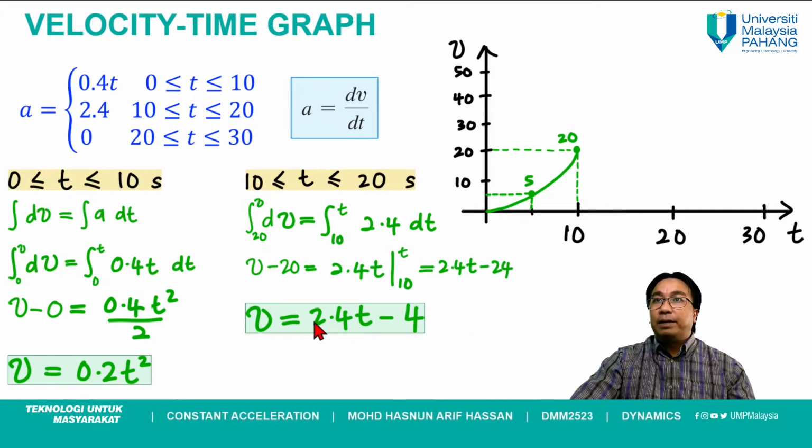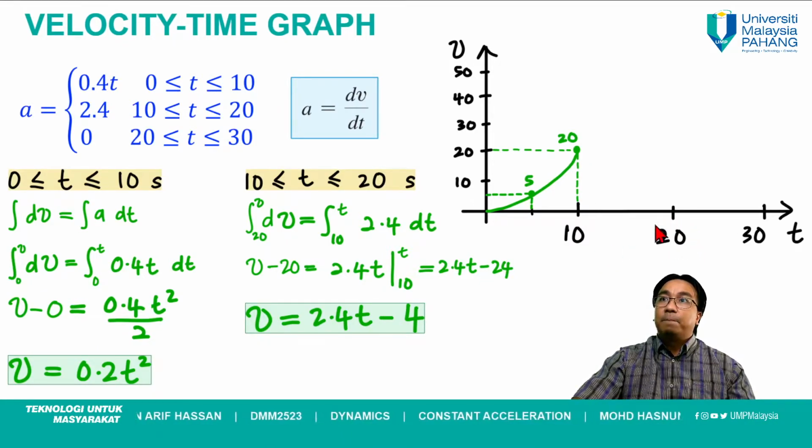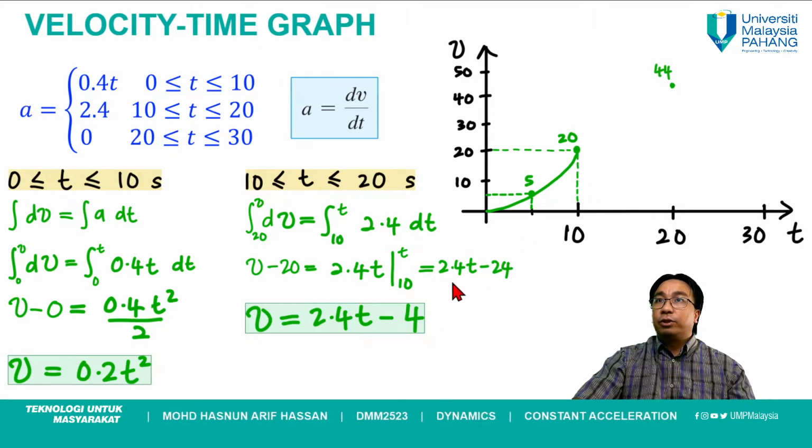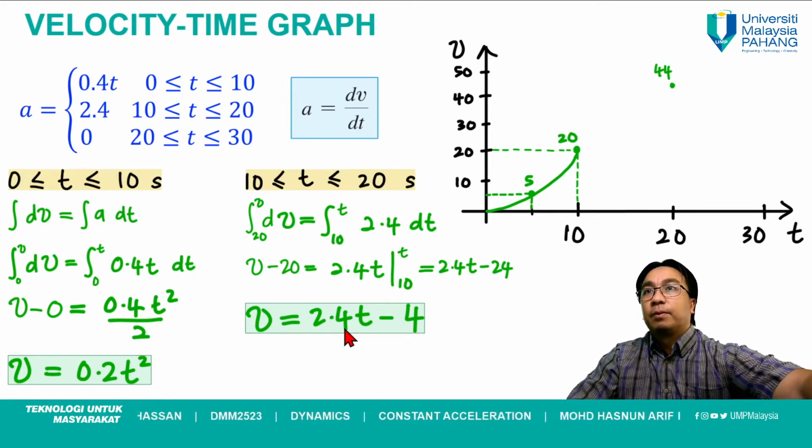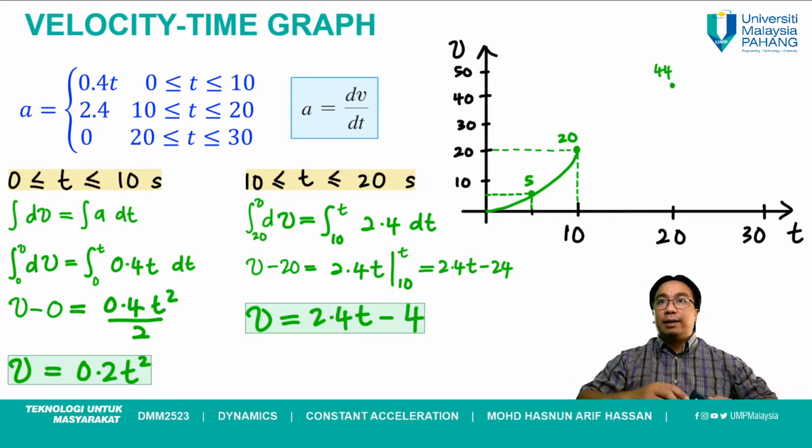Okay, so at t equals 10, we already know v is 20. So now we substitute to find the value of v at t equals 20. So you substitute 20 in here, you will get 44. 20 multiplied with 2.4 gives how much? 48.